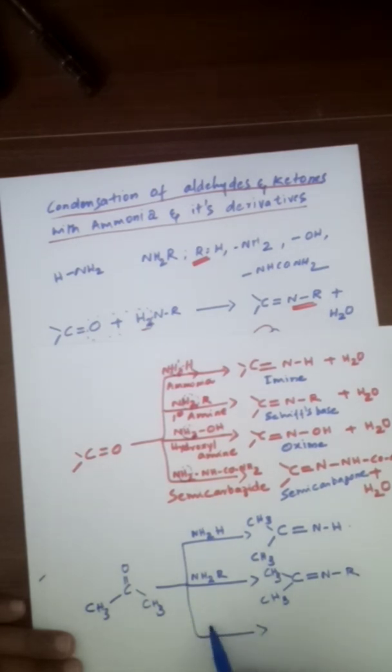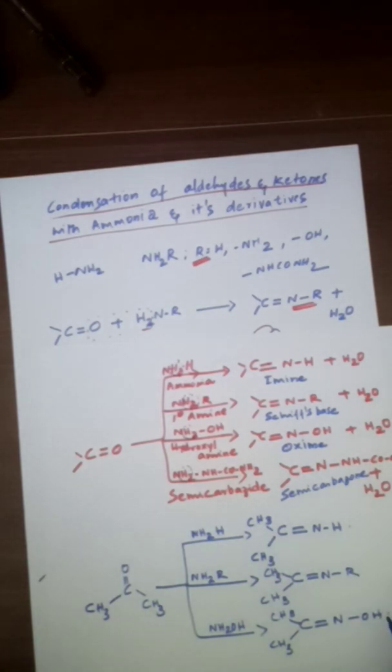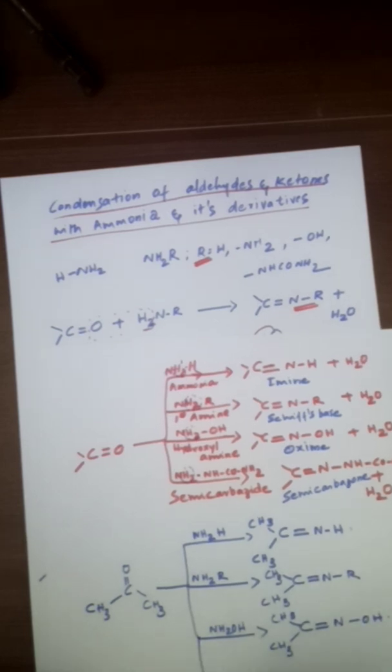Now the next, NH2OH. So again you have CH3, CH3. You will be getting double bond NOH. This is acetone oxime, acetoxime we can say. Then another one, we are using semicarbazide, NH2NHCONH2.